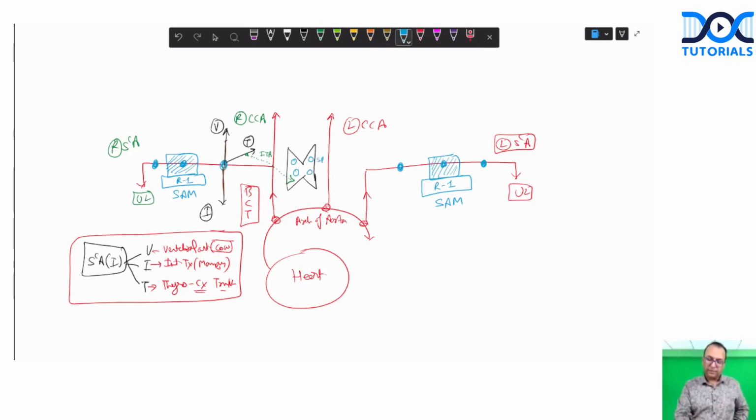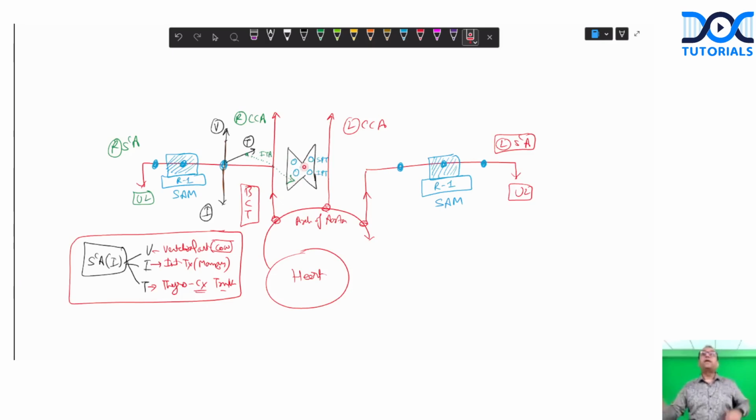So this is the superior parathyroid and inferior parathyroid. It supplies all of them.